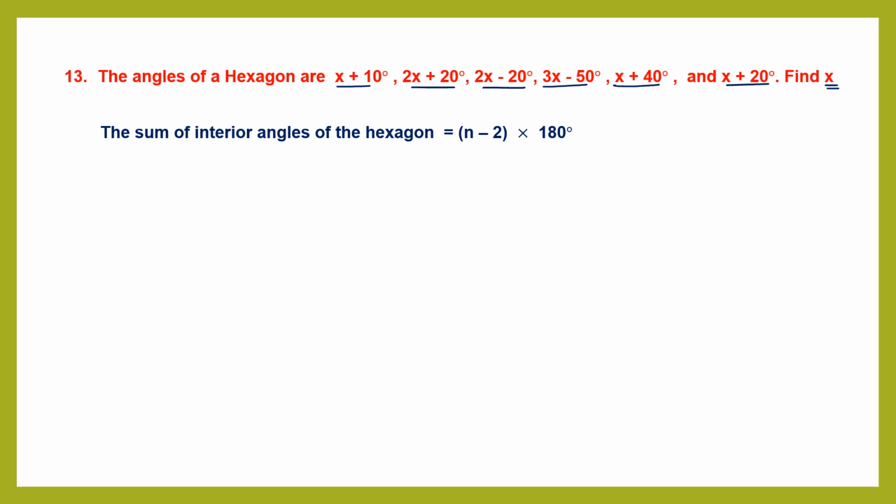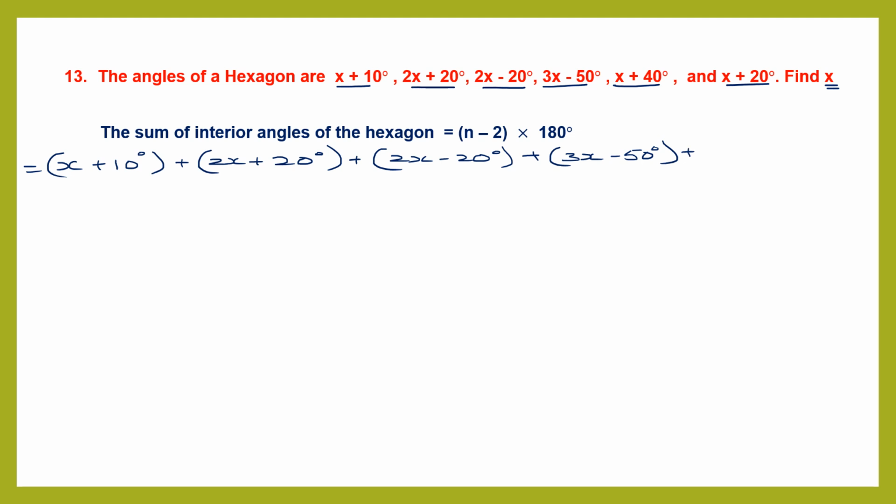So all we have to do is add up these angles. So let's start. The first angle is x plus 10 degrees plus 2x plus 20 degrees plus 2x minus 20 degrees plus 3x minus 50 degrees plus x plus 40 degrees plus x plus 20 degrees is equal to n minus 2 into 180 degrees.